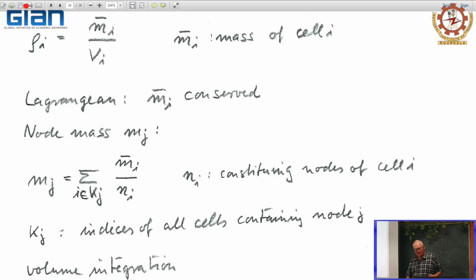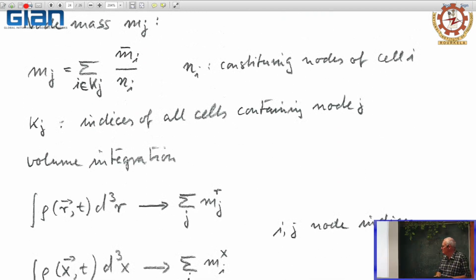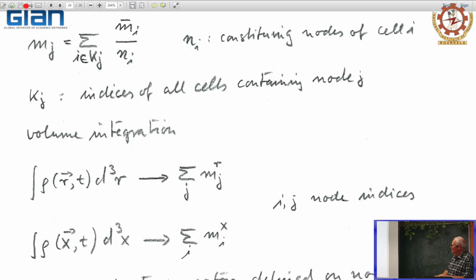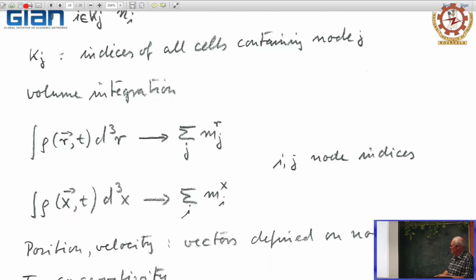So then we can also have masses of nodes. This does not depend on whether it's a triangular or a cubic grid. This definition is independent of the size or the form of the grid or the cells you're using.